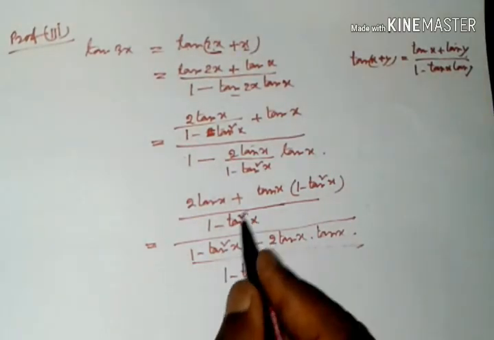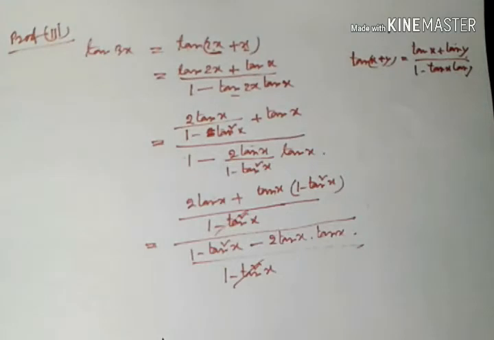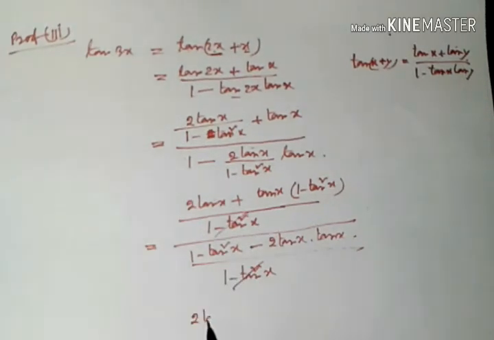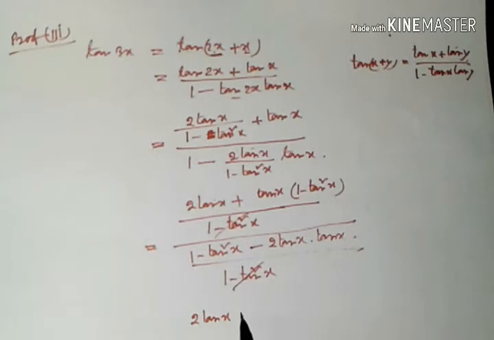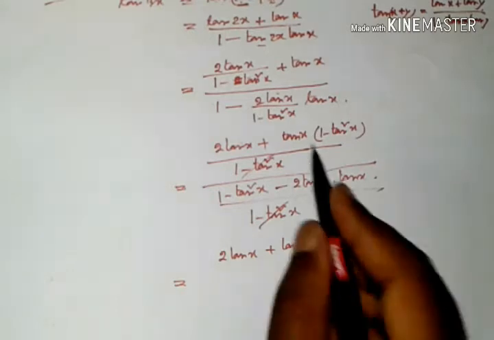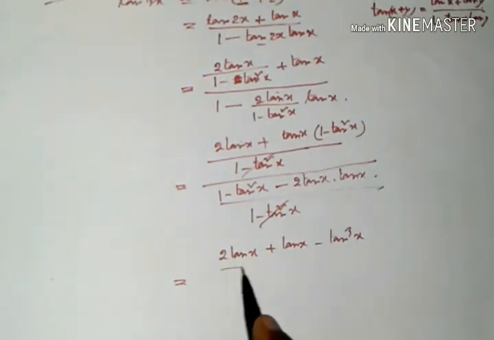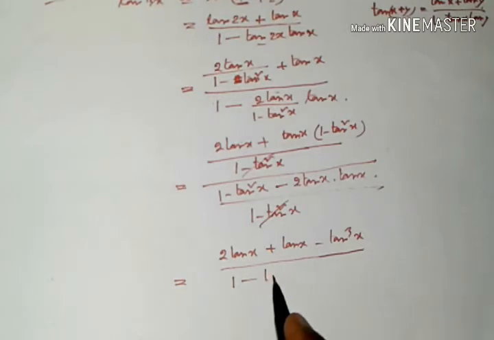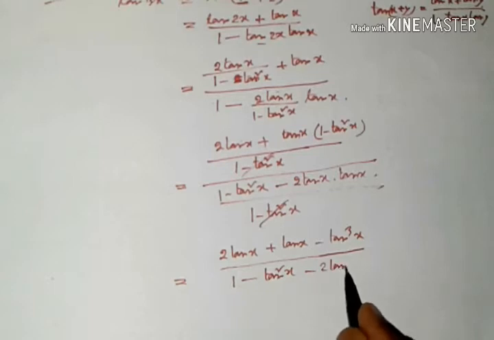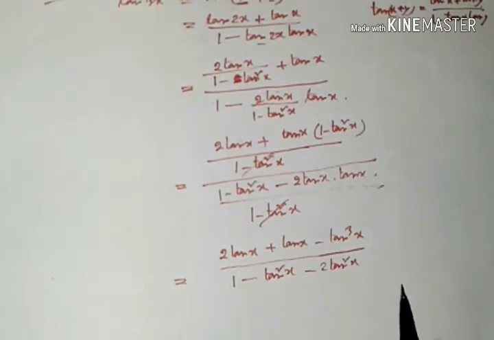Now this can be 2 tan x plus tan x minus tan cube x, 1 minus tan square x, 2 tan square x.